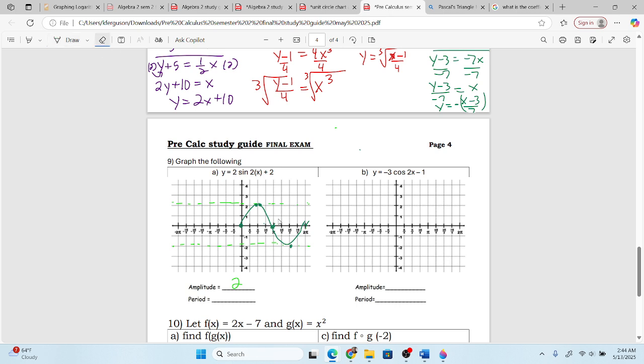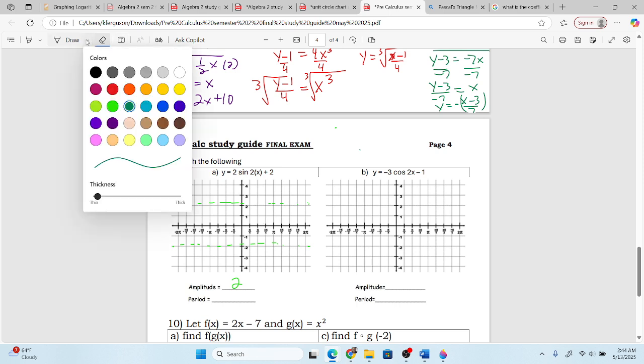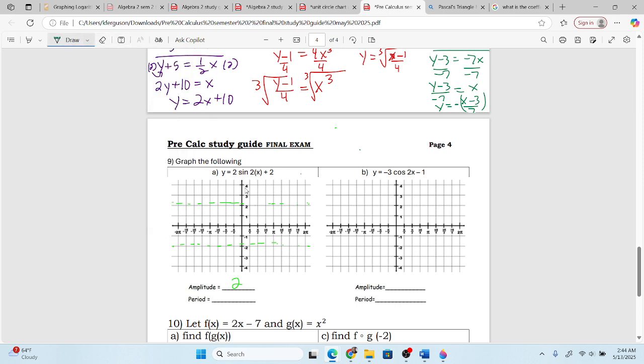Well, that ain't where we were trying to be. So we want 2 cycles. So I need 5 points. So I'm starting here. 1, 2, 3, 4, 5. Now that's one cycle and it's all within pi.